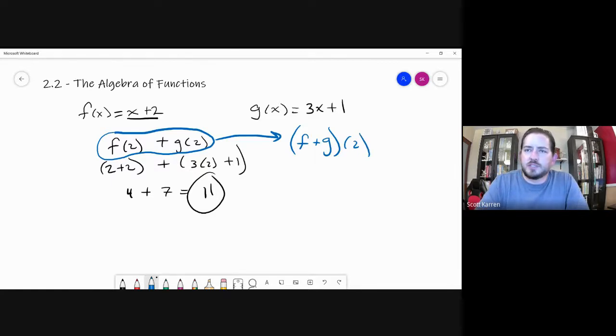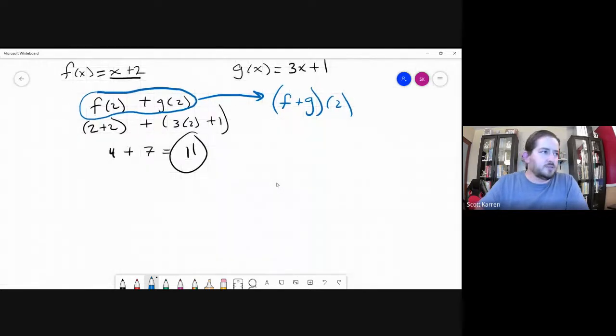F of 2 plus g of 2 means the same thing as f plus g of 2, but I'm now adding functions together instead of evaluating the functions and adding the results together. So let's take a look at what I mean by f plus g of x first. This is why we would want it, because sometimes we don't know what these values are. But f plus g of x would then mean literally f of x plus g of x.